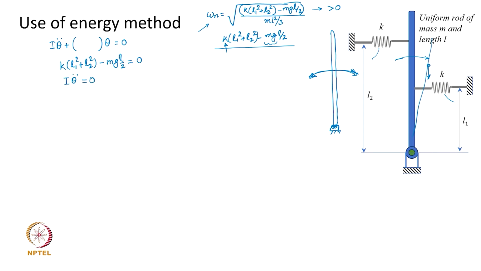So, the equation that we need to solve is theta double dot equal to 0. Now, what is the solution of this expression? The equation can be solved by integrating.